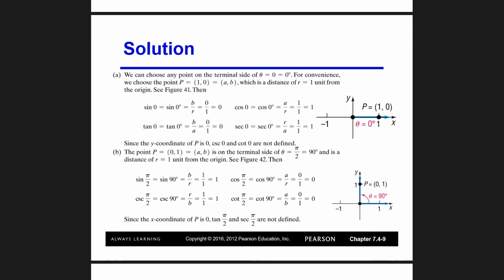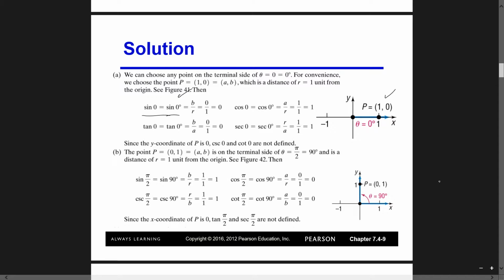For the first one, for 0 degrees, we choose any point on the terminal side of 0 degrees, and so we'll just pick (1, 0). The sine of theta, sine of 0 degrees, is b over r, where b is 0 and r is 1, equals 0.